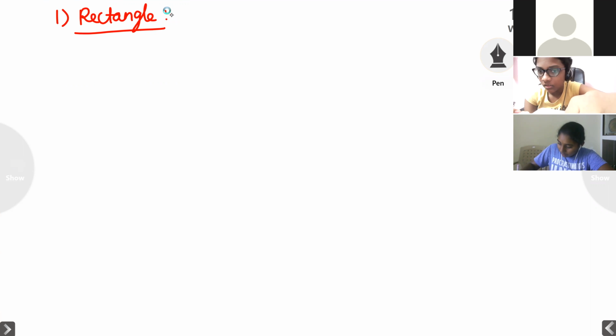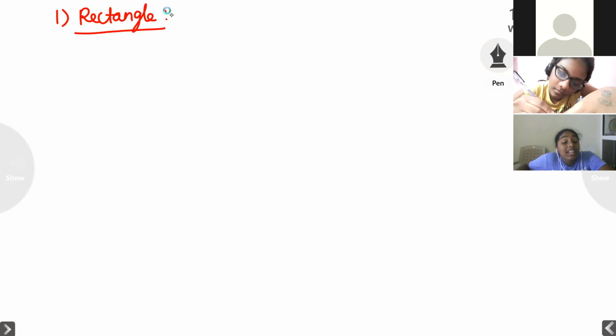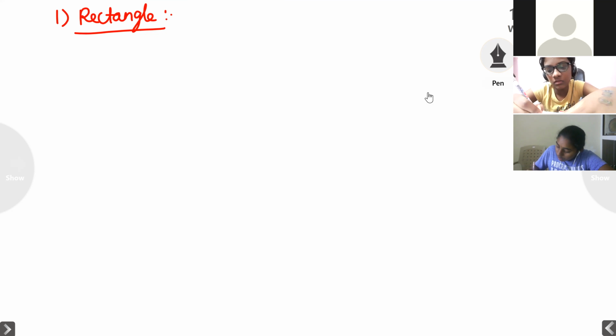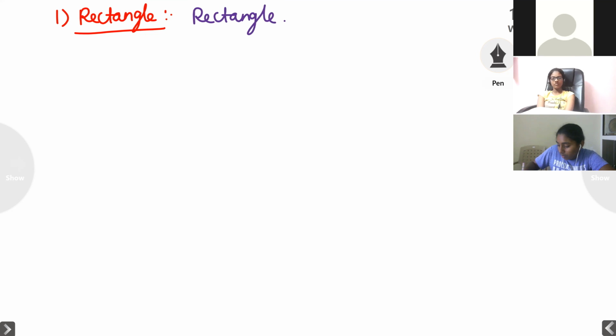Rectangle is a parallelogram because, who is the father of rectangle? Parallelogram, not quadrilateral. Quadrilateral is the grandpa. Yes, write down. Rectangle is a parallelogram.